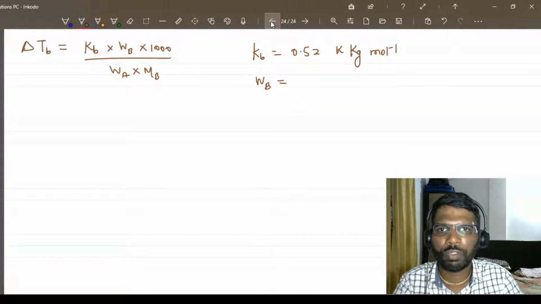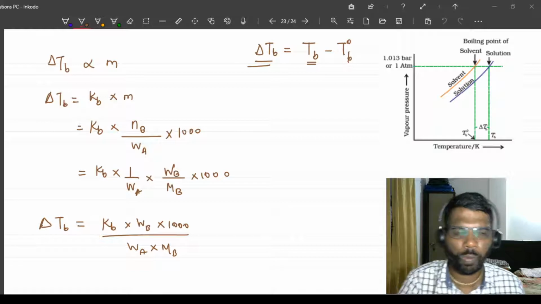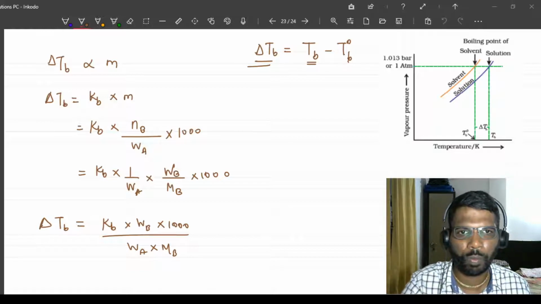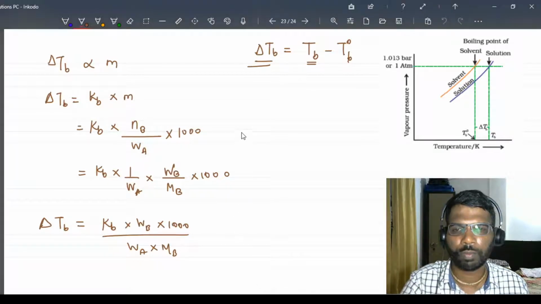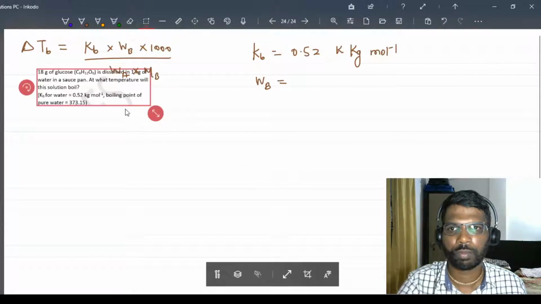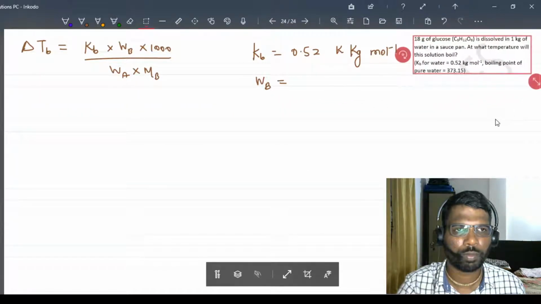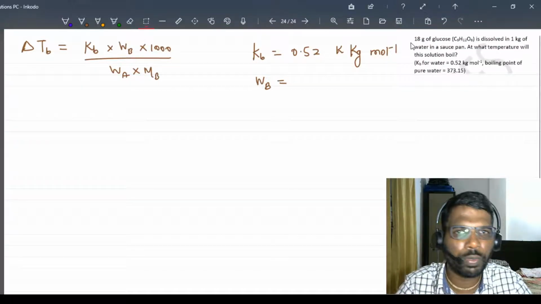How much is the weight of the solute given? The weight of the solute is given to be 18 gram.